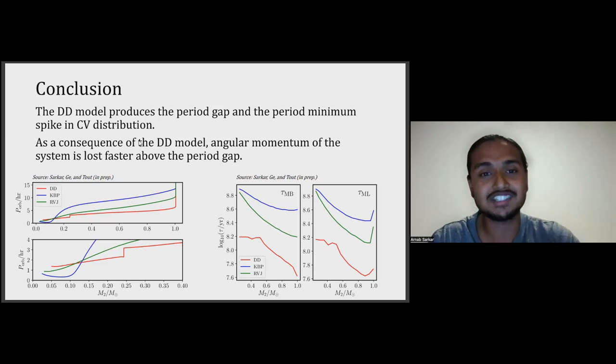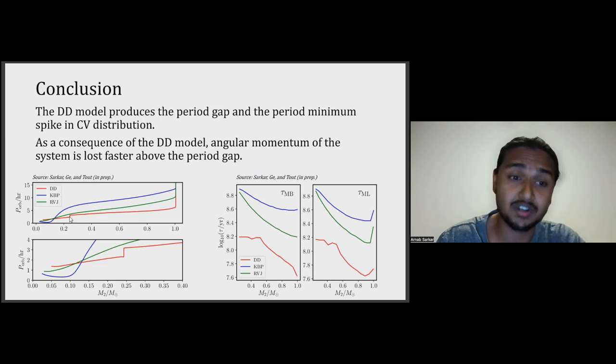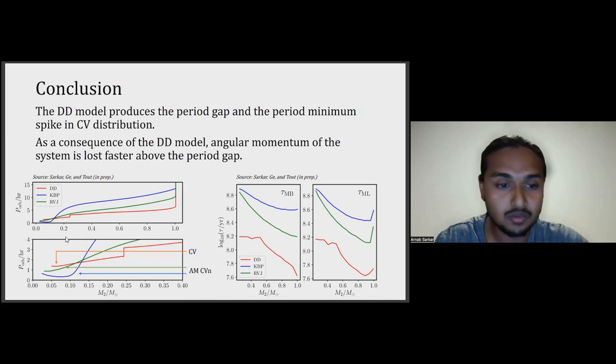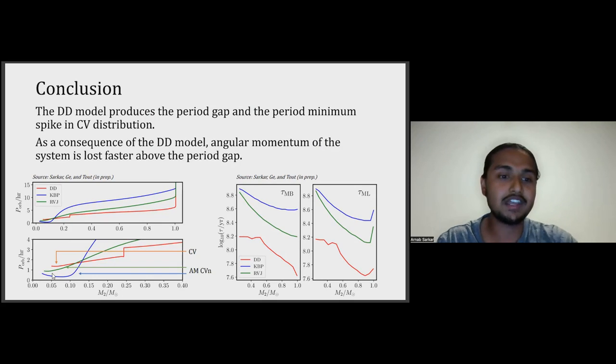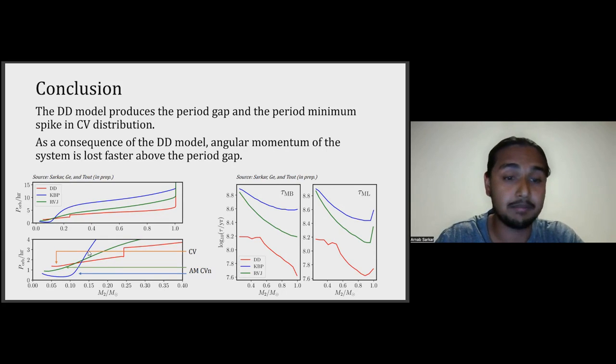We see that for the same initial parameters, the DD model still gives a canonical CV with the period gap and the period minimum at around 80 minutes, whereas Nigi's model or Rappaport's model gives rise to AM-CVNs, where the orbital period minimum is smaller than 80 minutes, and there is no period gap anymore.